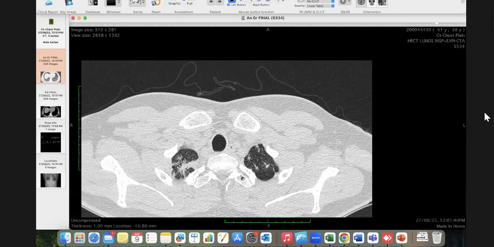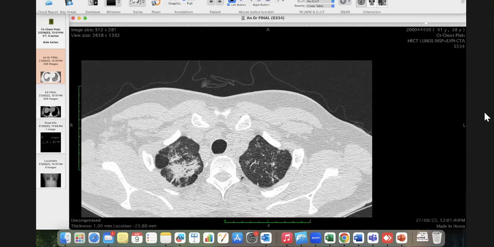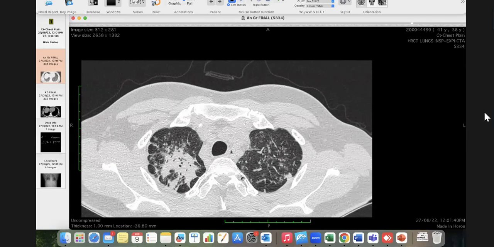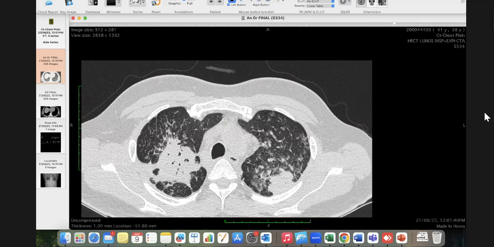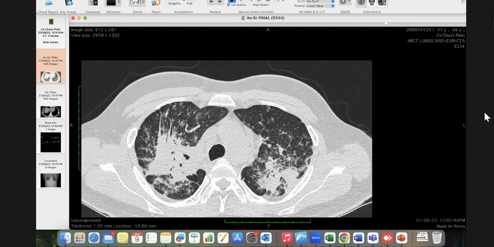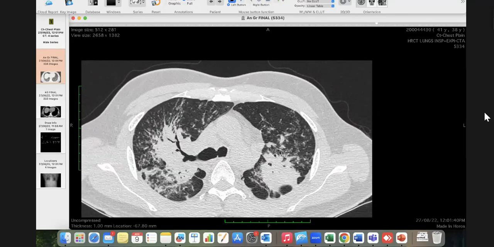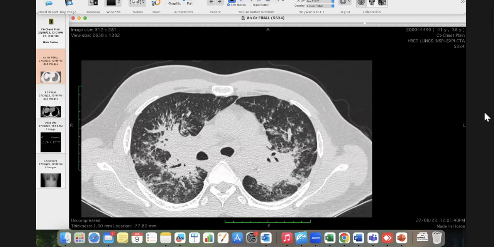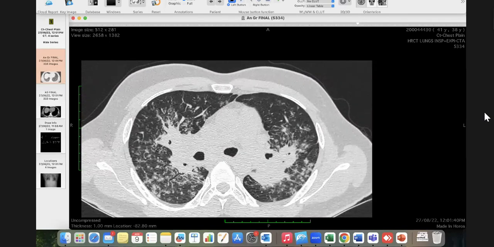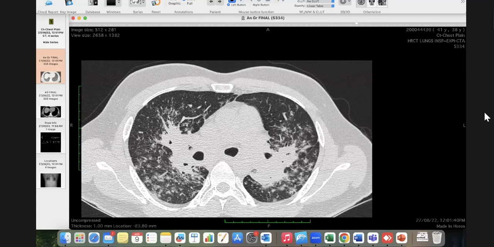So when I scroll this, I am seeing confluent areas of parenchymal fibrosis in both lungs, in the upper lobes, with thickening of the peribronchovascular interstitium, some nodular densities, but predominantly the disease is perihilar with thickening of peribronchovascular interstitium.